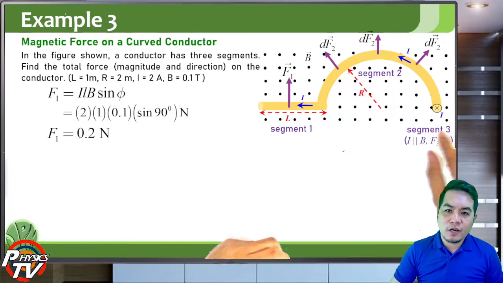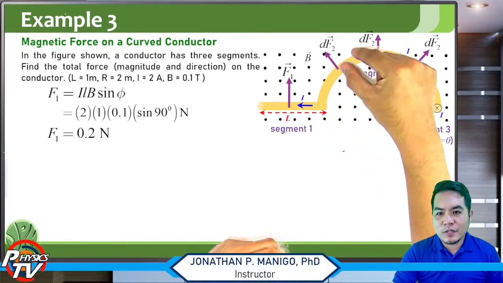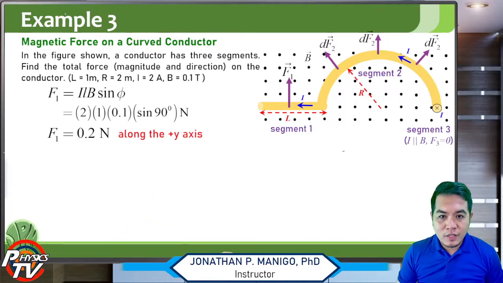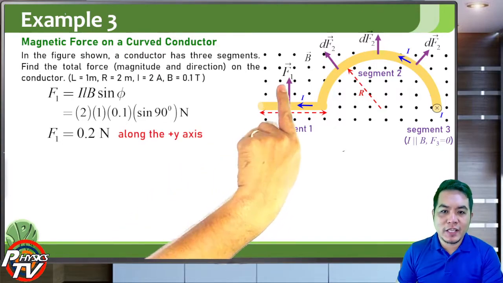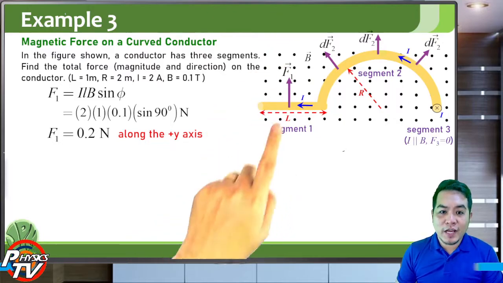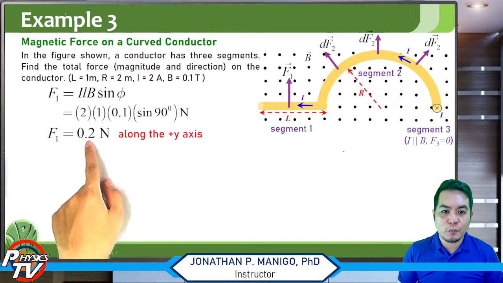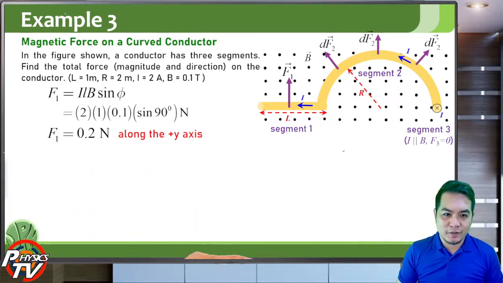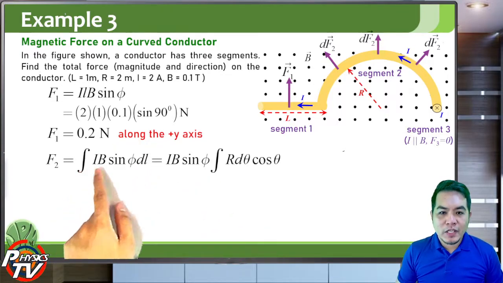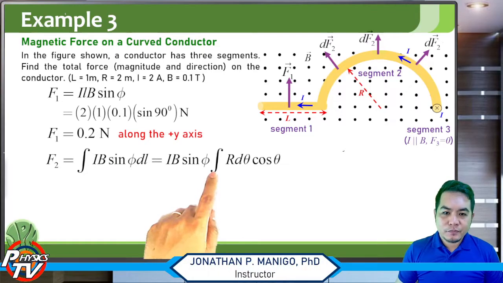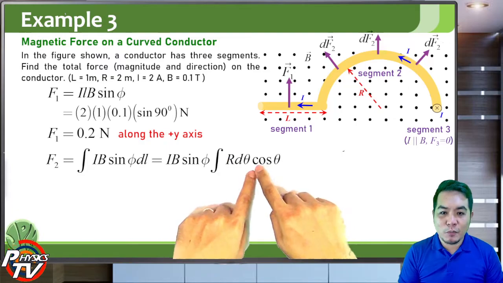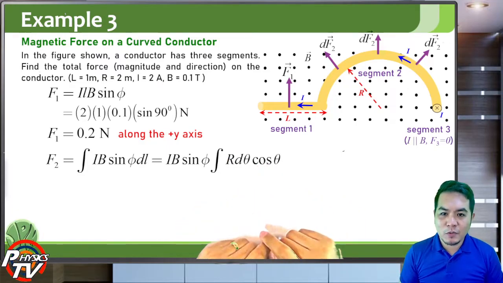Now, for F2, for the second segment here, we need to integrate. If we designate the upward direction as the positive y-axis, then F1 is 0.2 Newton j hat. Now, this is basically just my dl here, and there's a component of the dl which I will call theta.